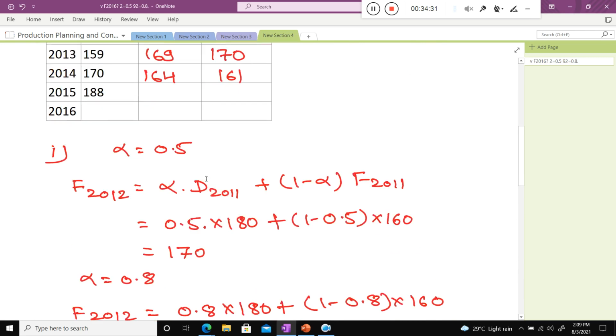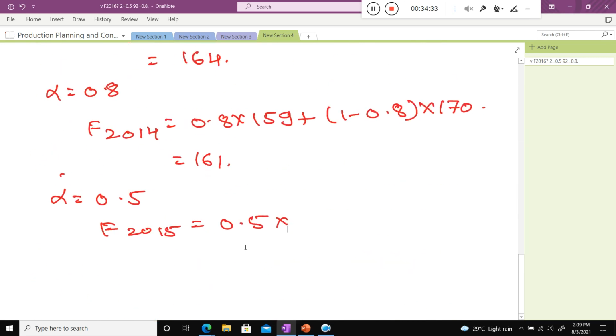Okay, so I just put 170 here plus 1 minus 0.5 into what is the forecasting of 2014 if I consider alpha is equal to 0.5. That forecasting is, I think, 164. Okay, so what will be the value? 167. Very good, very good.